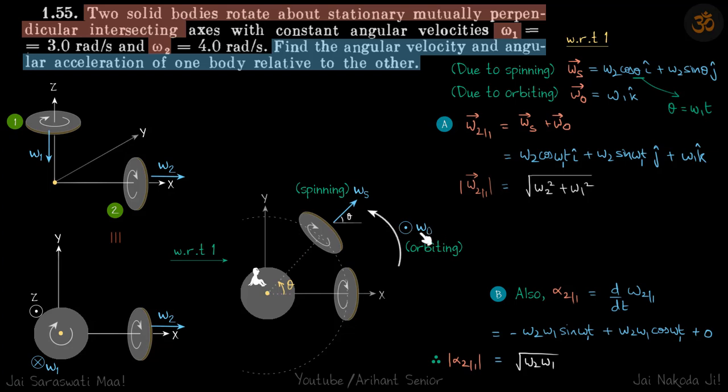So we have two rotary motions now. One is about the z-axis, where the wheel is rotating like this, which is orbiting, and another is along this axis, which is spinning. So let's call them omega o and omega s for orbiting and spinning.